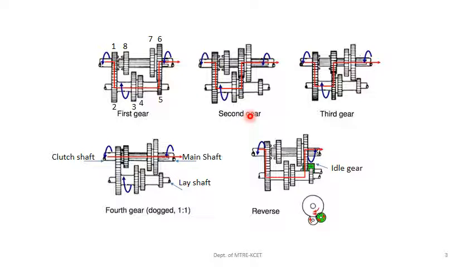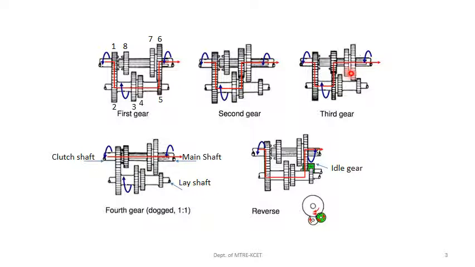Then the third gear is achieved if the driver moves the gear lever to neutral and changes the lever position, so the third gear is connected. In the third gear position, the number 3 gear in the lay shaft is meshed with the number 8 gear of the main shaft.